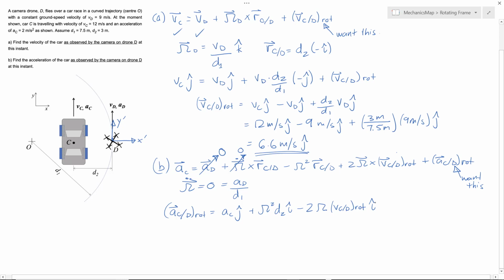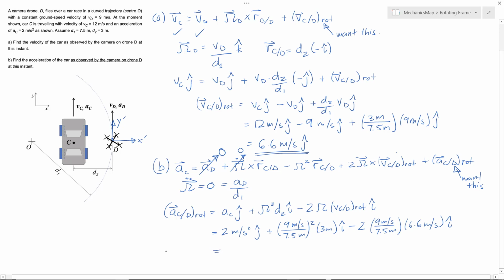And then we can sub some numbers in for that. We've got 2 meters per second squared J hat plus 9 meters per second over 7.5 meters all squared times 3 meters in the I hat minus 2 times 9 meters per second over 7.5 meters times 6.6 meters per second in the I hat.